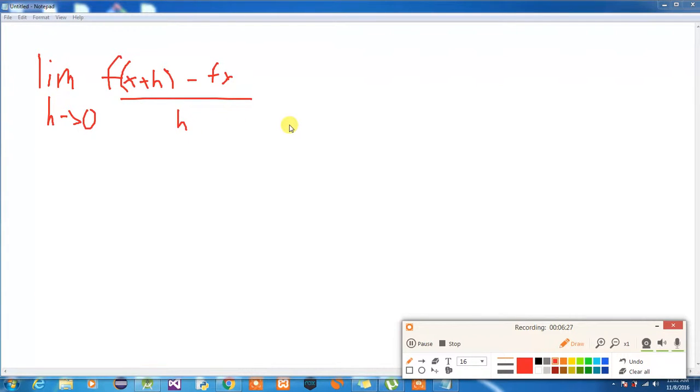Now, in short, all you have to do is plug in x plus h where you see all your x values, similar to how you write your f of x. And you just write x for all your spots.